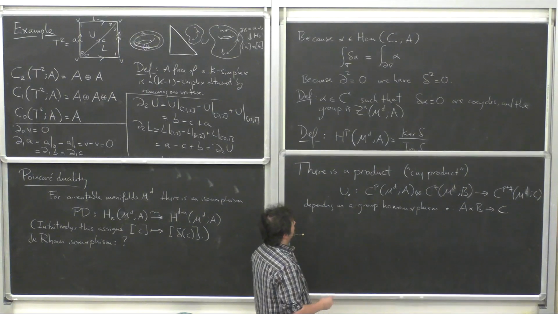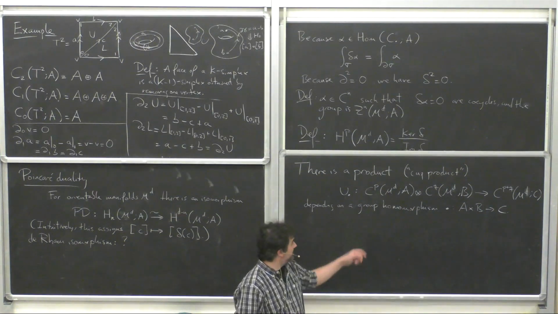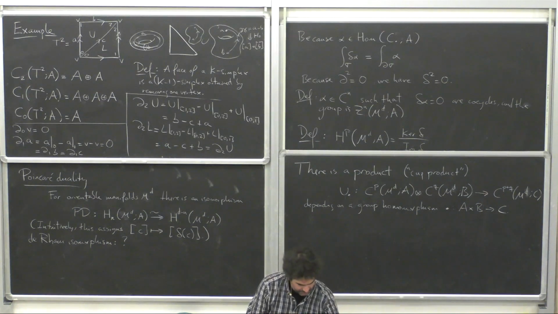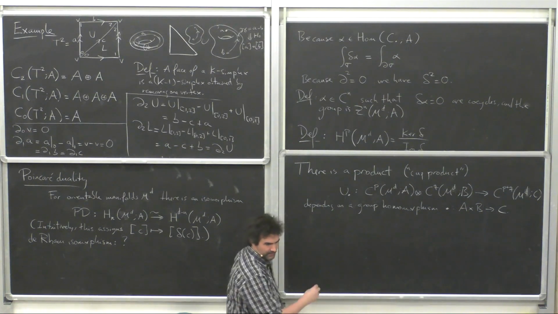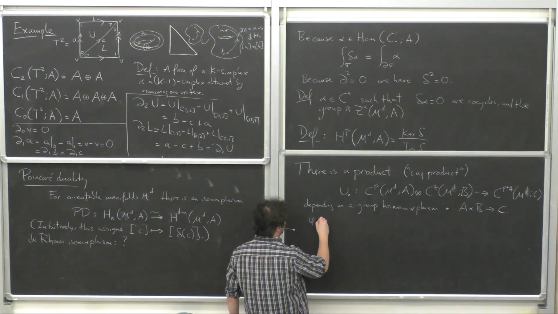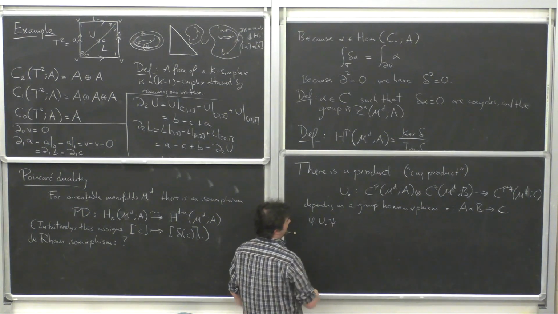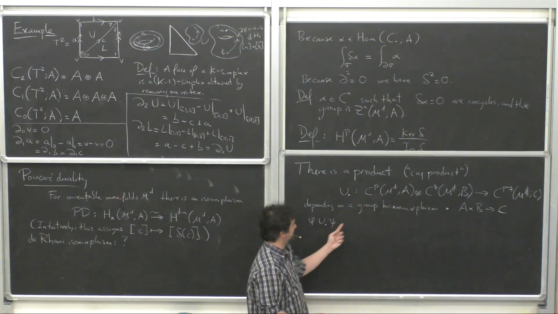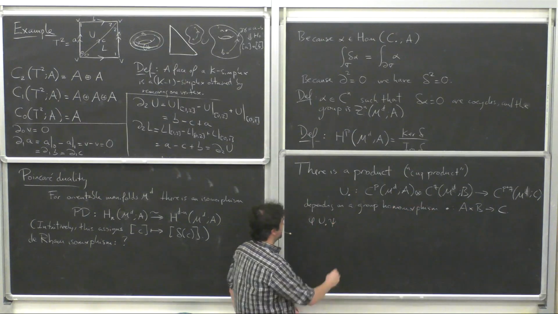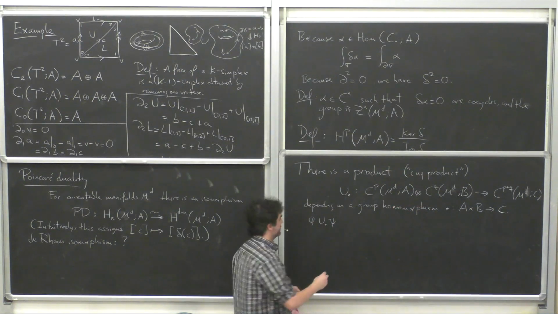Okay, so what's the definition of this? The simplest thing is I give you two elements, one from C^p and one from C^q. So let me call them phi and psi. So phi cup product with psi. This one lives here and this one lives here, and I have to get something out of this that I can evaluate on p plus q chains.